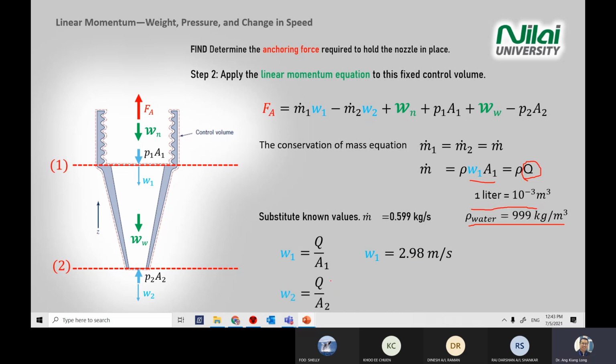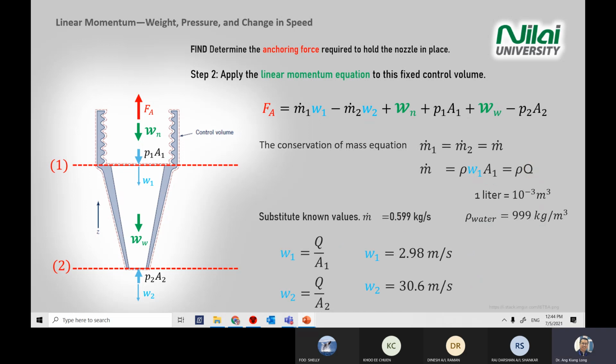W2 will be different because the area changes, although the Q is the same. Area is different, so you get your W2 equal to 30.6 meter square. So there will be some marks for W1 and W2. Okay, so make sure you know why I can calculate W1 and W2.